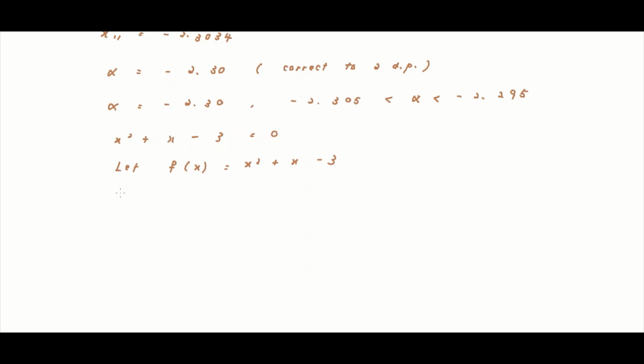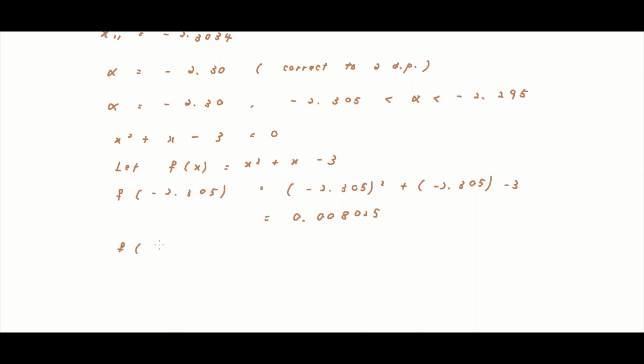So start from negative 2.305. As you substitute, you will get the value of positive 0.008025. Let's check the next one.